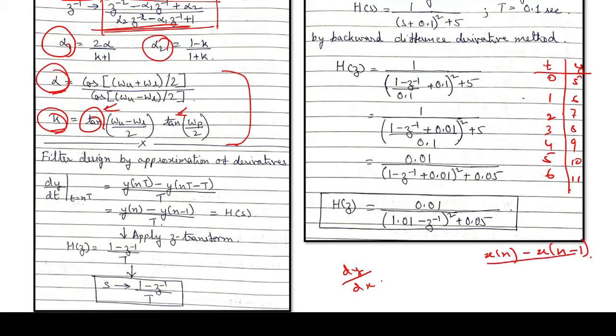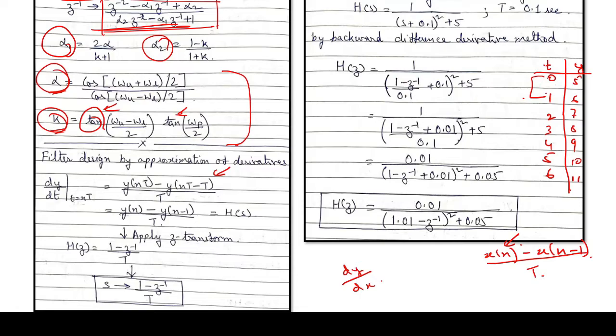Divided by time, delta x over delta t, and delta t is nothing but the time period of the digital signal, which is equal to 1 by fs. So xn minus x of n minus 1. This is the backward differentiation method, where you are using xn and its previous instance value.